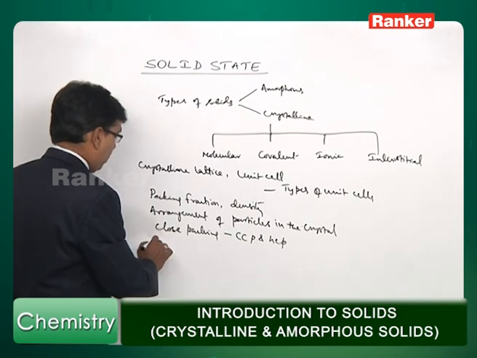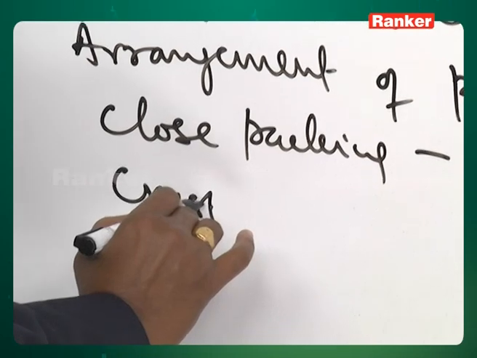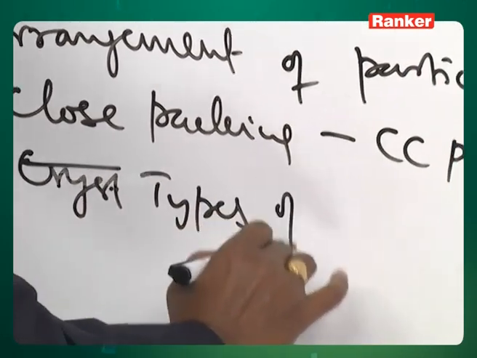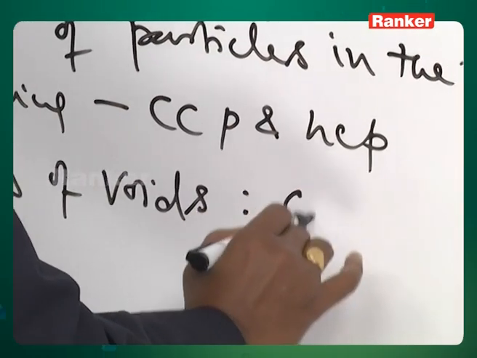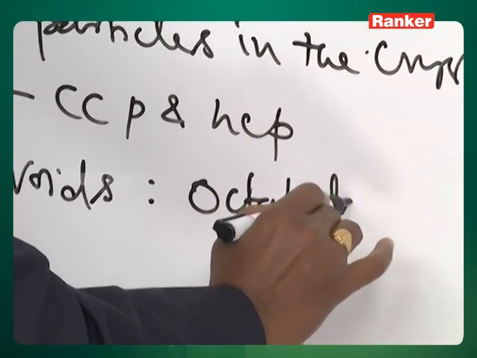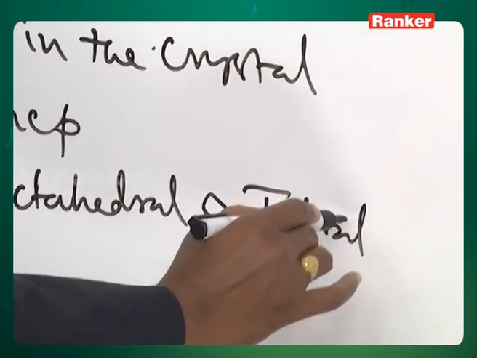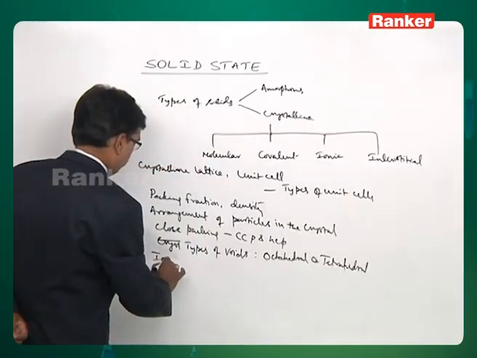Then in the crystal defects and the types of voids, that is empty spaces, octahedral and tetrahedral voids. Then ionic crystals.